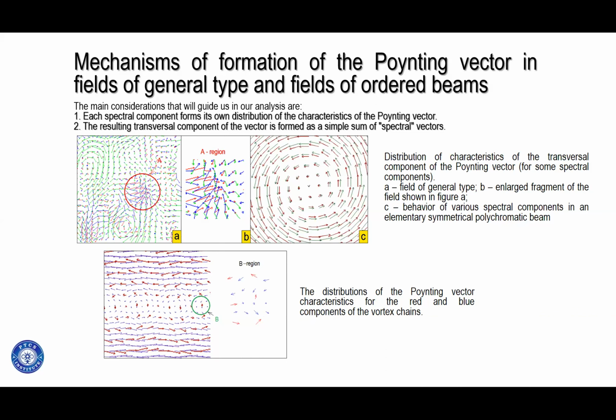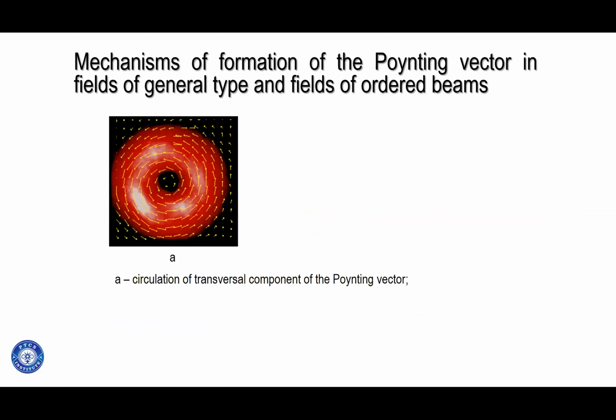We will refer to such a situation as the formation of ordered polychromatic beams. From the point of view of the formation of transversal energy flows, such beams occupy an intermediate place between fields of the general type and elementary symmetrical polychromatic beams, because a significantly large magnitude of the Poynting vector is preserved.